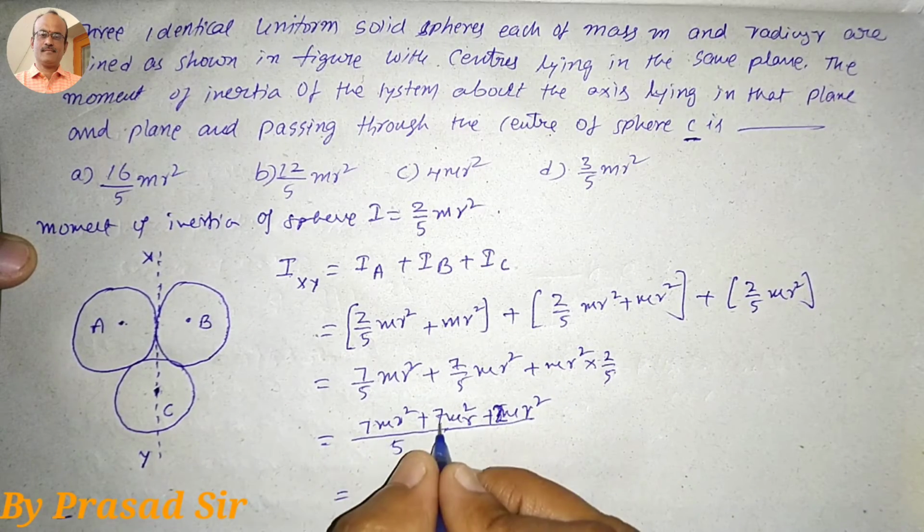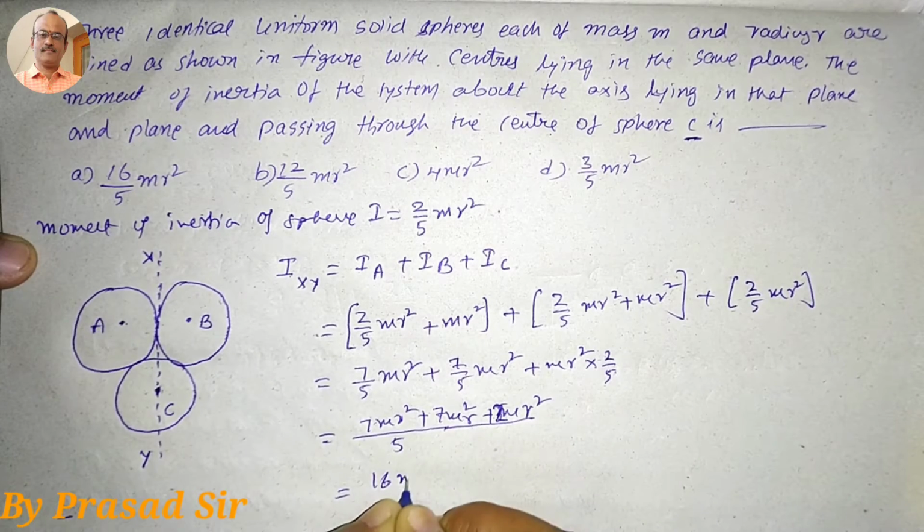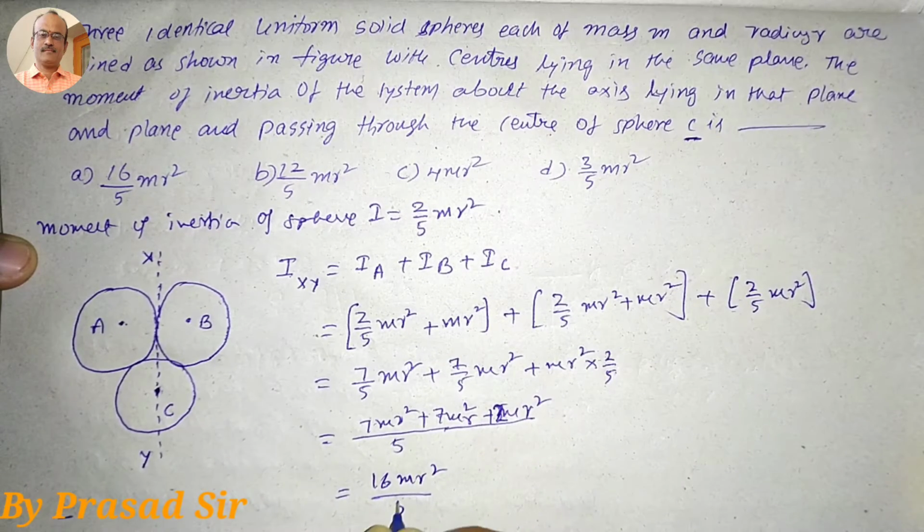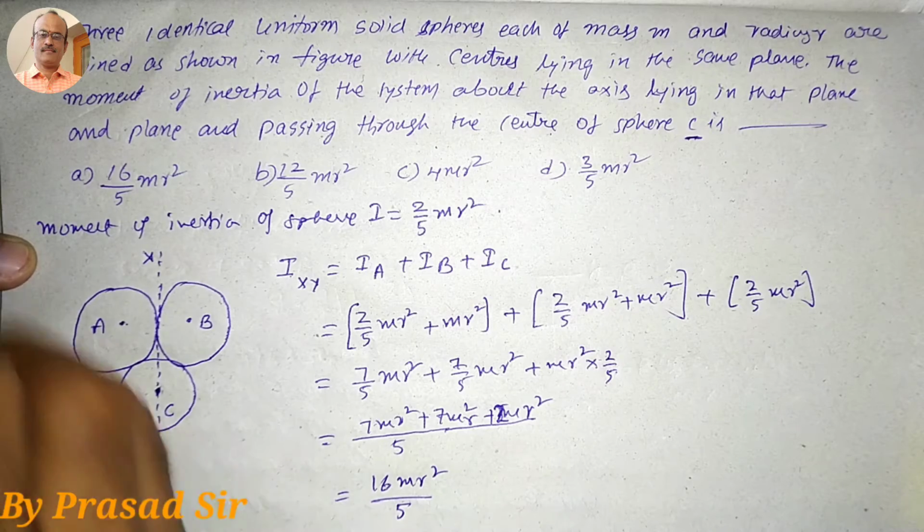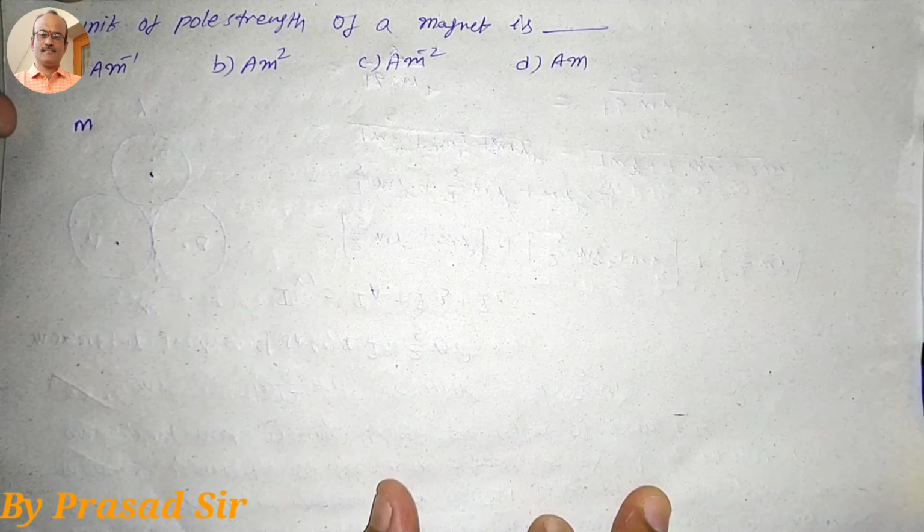So 14 plus 2 is 16 mr square divided by 5. Which option is correct here? Option A is correct.